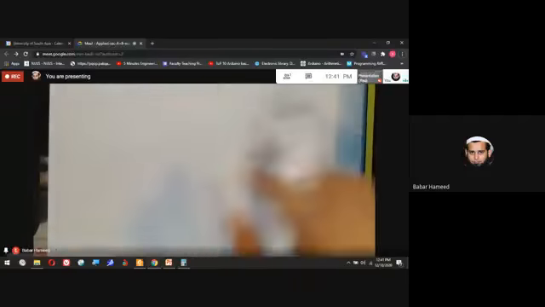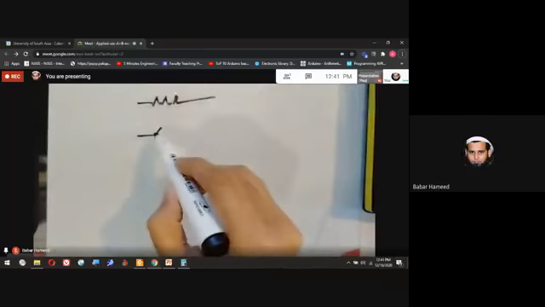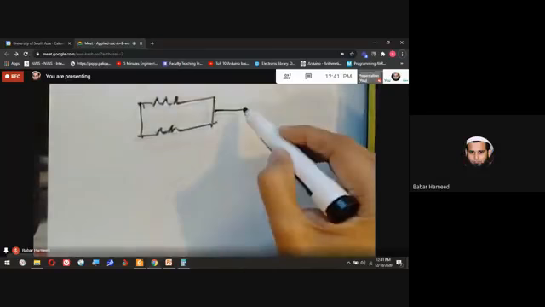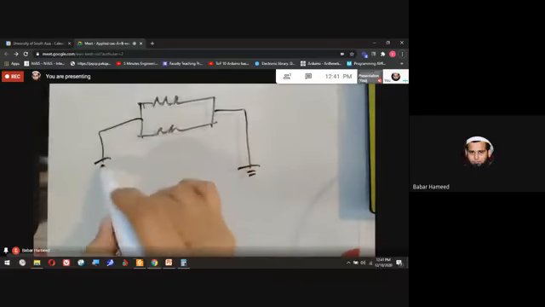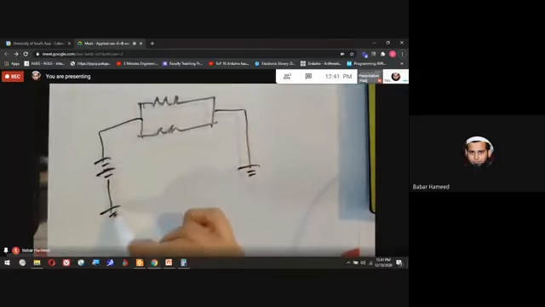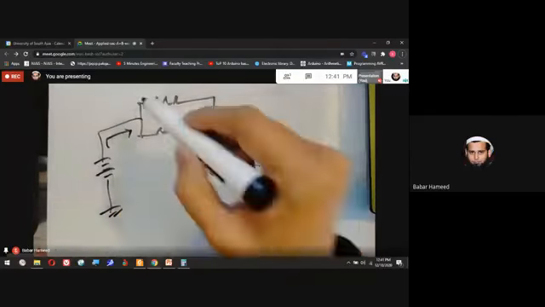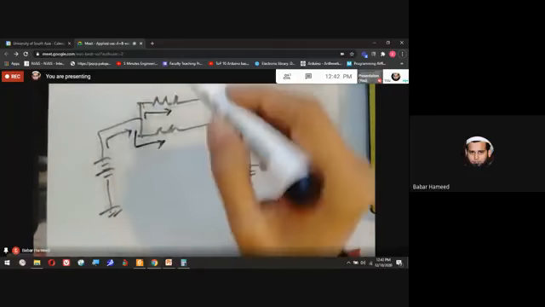Here you can see why I can say this is a current divider. Current is coming in one path and dividing into two paths.